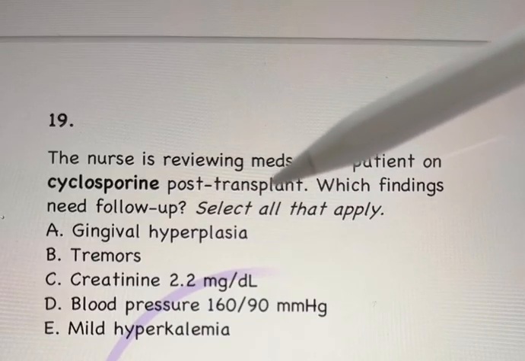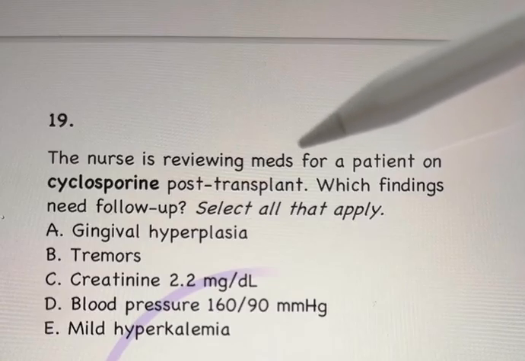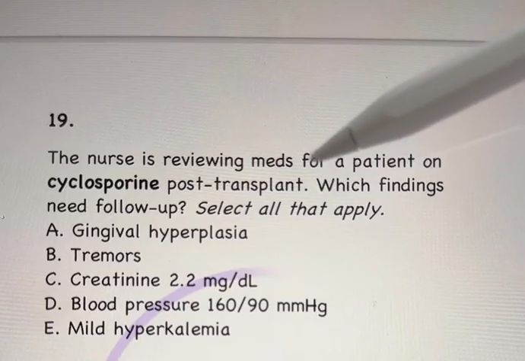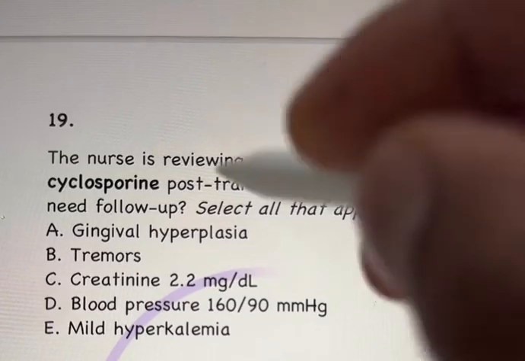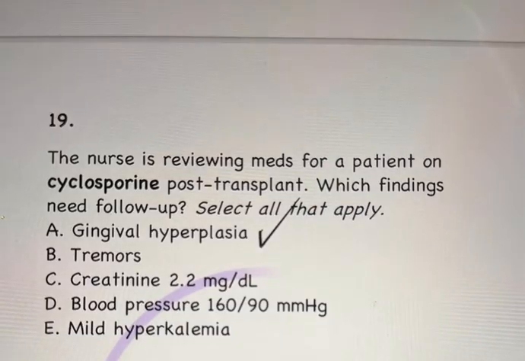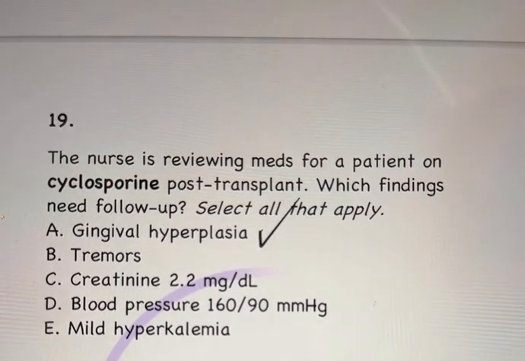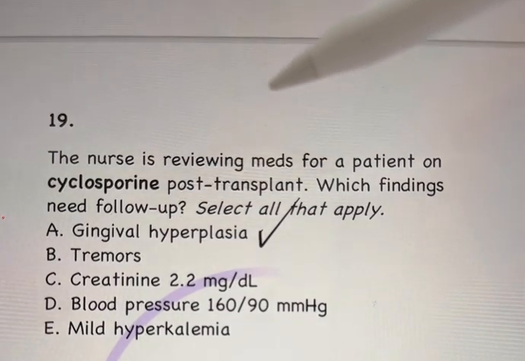Gingival hyperplasia. Can we see that one? Yes, so we're gonna see gingival hyperplasia over there, because it is a very common side effect of cyclosporine. Tremors, especially in the higher dose, guys.